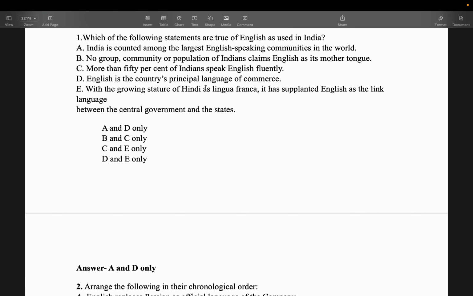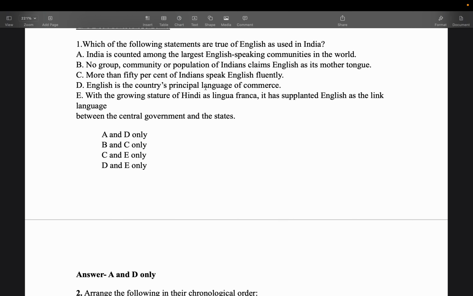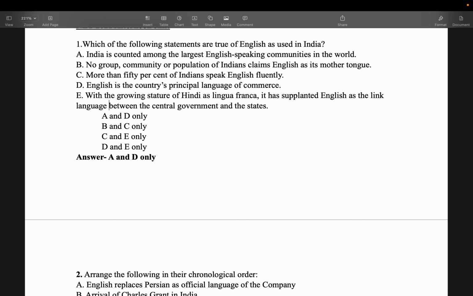Only very few people speak English fluently. English is the country's principal language of commerce. Yes, because English is a link language between states. With the growing stature of Hindi as lingua franca, it has supplanted English as the link language. No. Hindi has not supplanted English. That is wrong. So A and D.